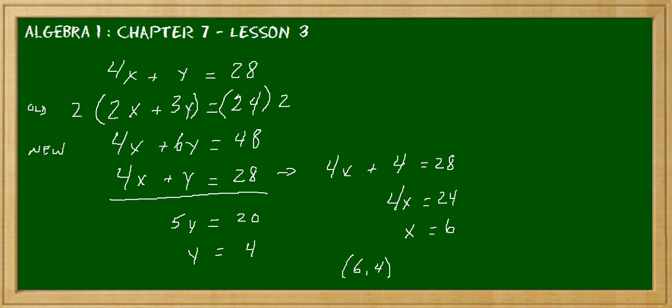Now, the second example is a little more challenging because there really isn't one number that you could just multiply the equation by to get the x's or the y's to match up, because look, we have 7x, and I'll go ahead and just write this on the board. We won't necessarily do the entire problem, but we have 7x plus 4y is equal to 27.